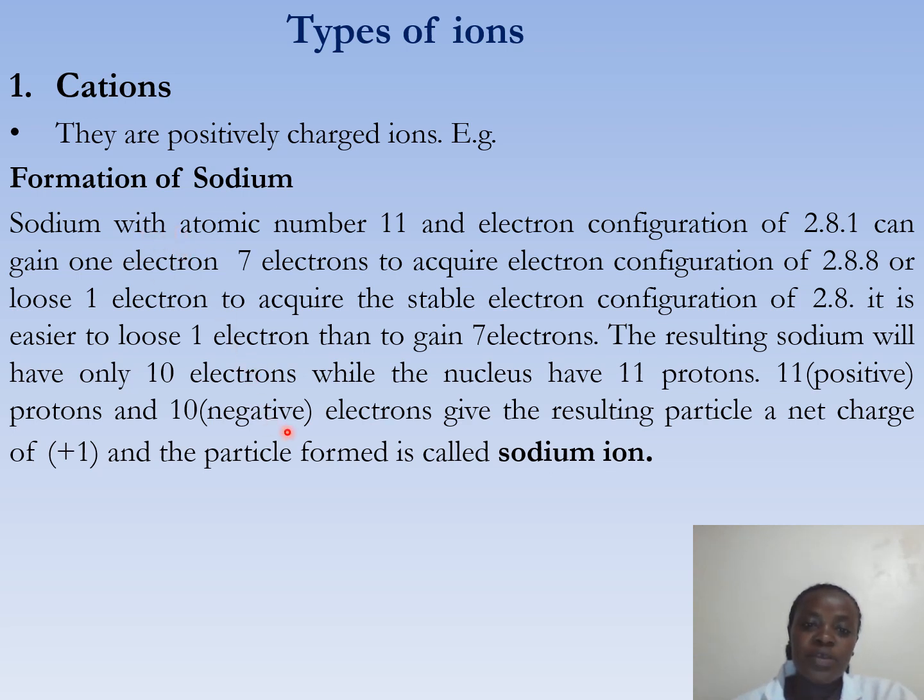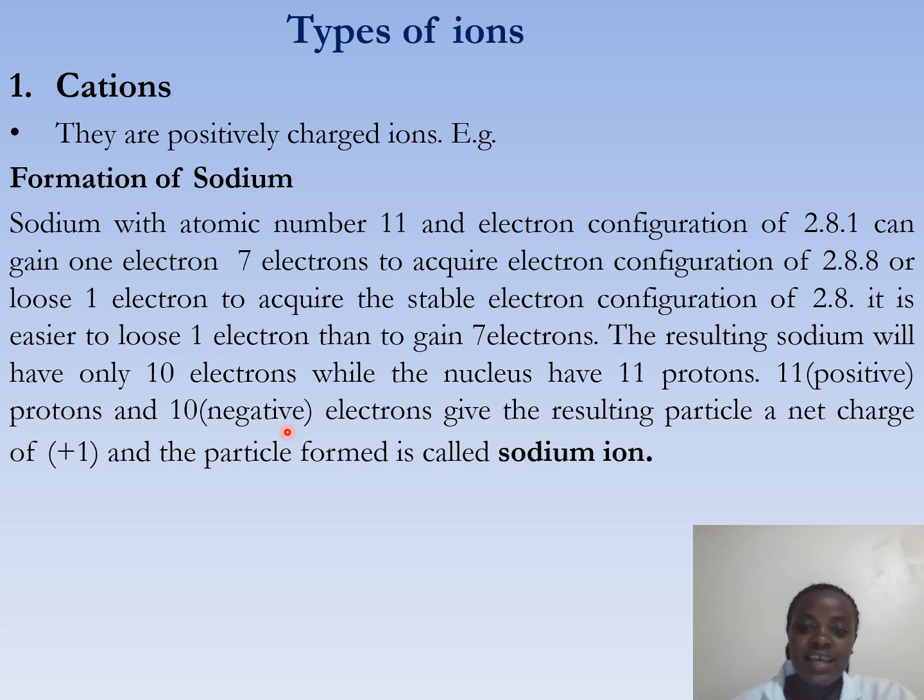Sodium has an atomic number of 11. Its electron configuration is 2:8:1. With that configuration, sodium can either lose one electron to gain the electron configuration of 2:8, or gain 7 electrons to acquire the electron configuration of 2:8:8.